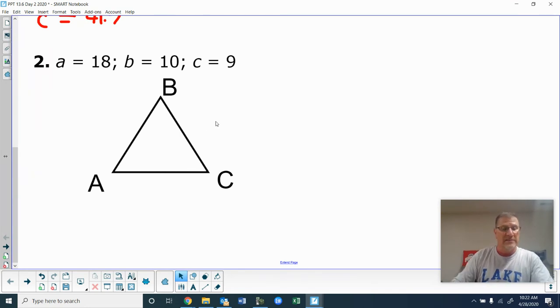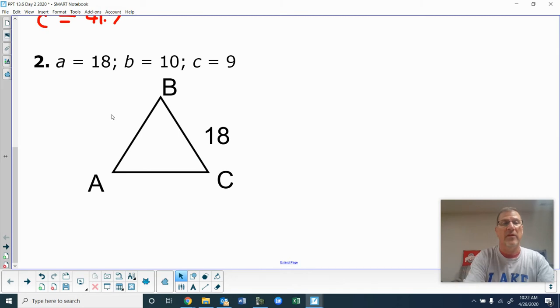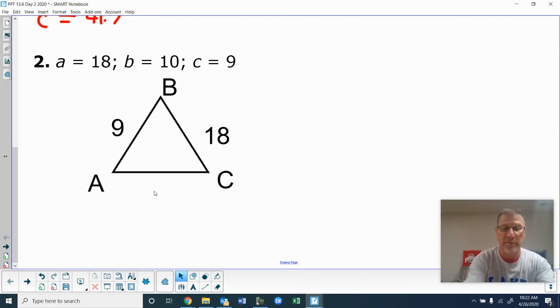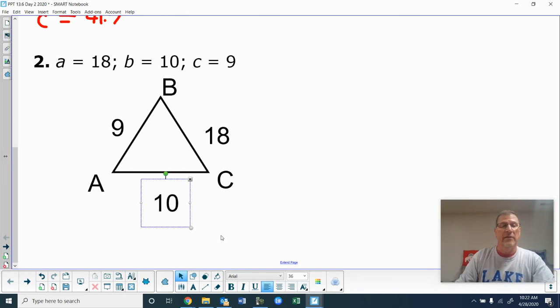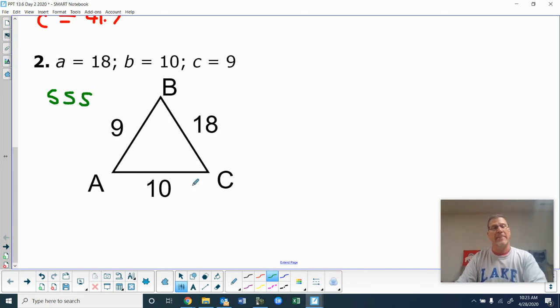So 18, C would be 9, and B would be 10. All right, so here's our picture for this problem. It's a side side side problem. So remember, we have to find the largest angle first, which would be angle A, because it's opposite the longest side.